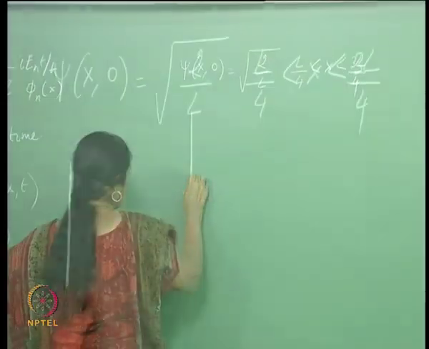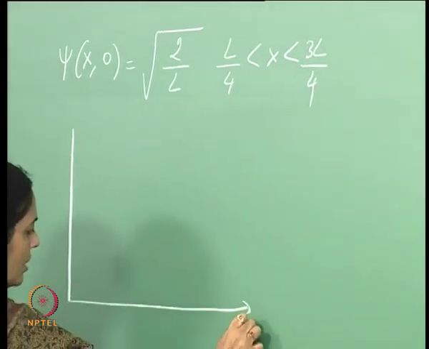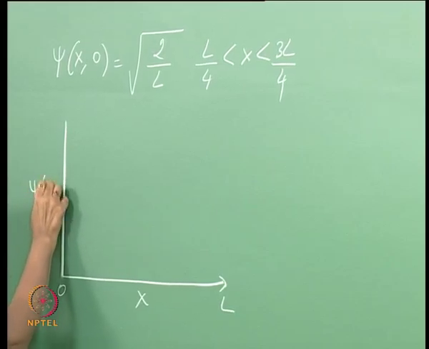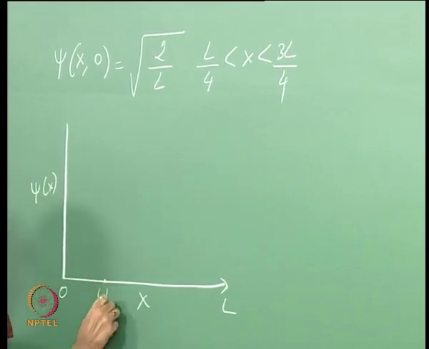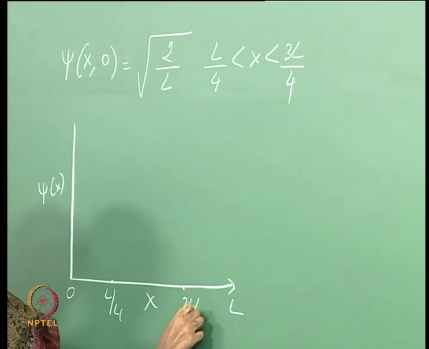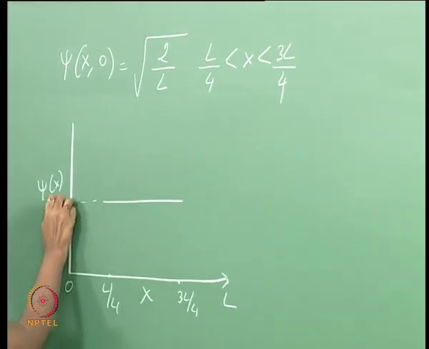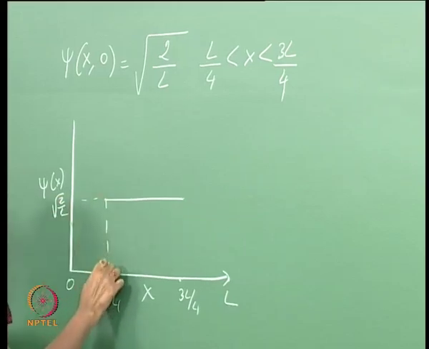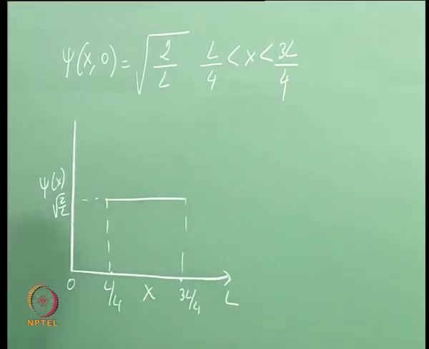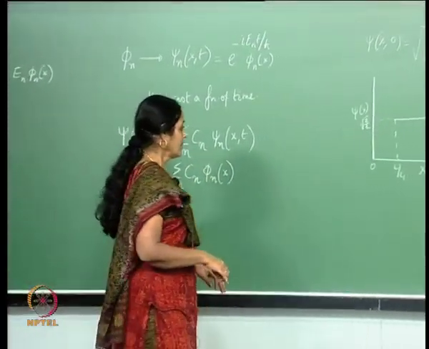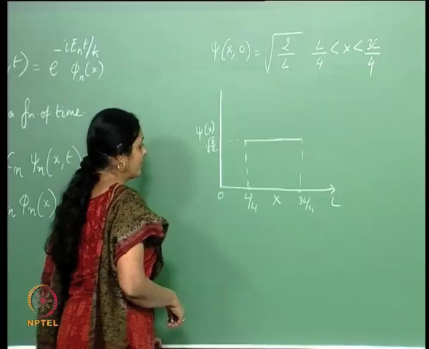In other words, that is x, and this is psi of x, which takes value root of 2 by L just from L by 4 to 3 L by 4. So, it is a constant independent of x.